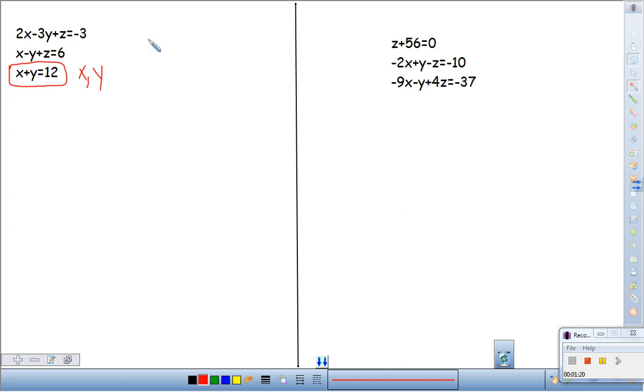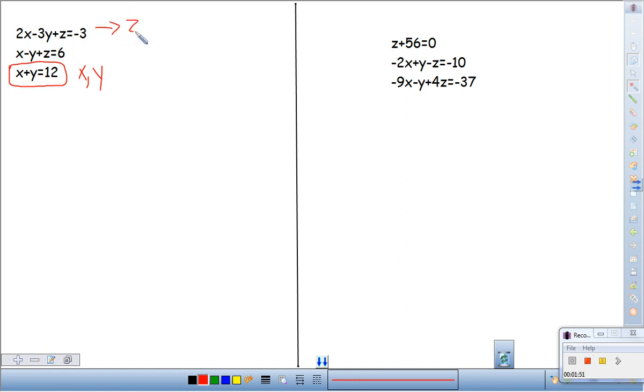Well, together we learn substitution. Can you see between the first and the second equation, is there one that's better to isolate z in? As a matter of fact, z has coefficient 1 in the first one and a coefficient of 1 in the second equation. So it doesn't really matter which one you use for substitution. I'm going to use the first one to show you that it doesn't matter.